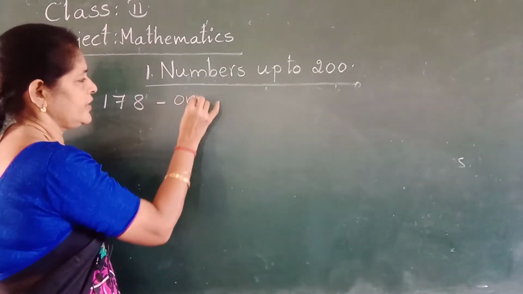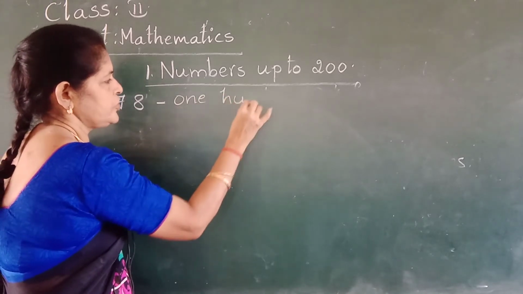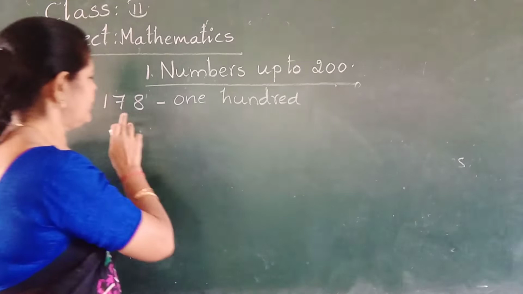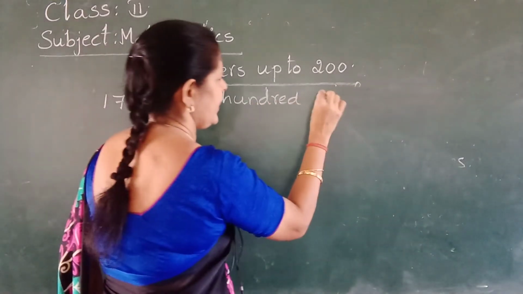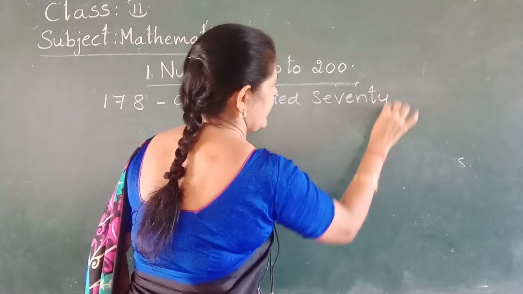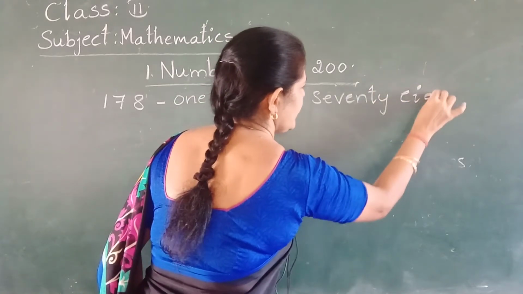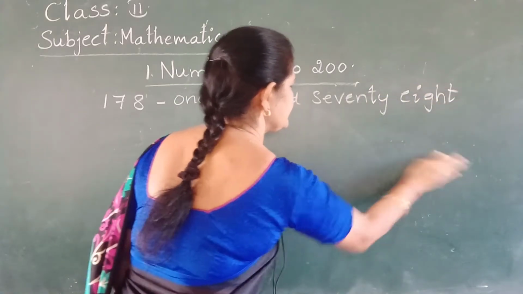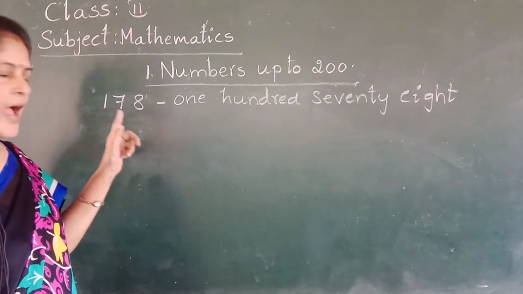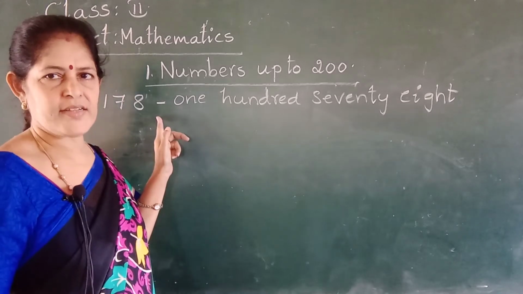See, ONE, 1 HUNDRED, 100. Put together 78: SEVENTY, 70, EIGHT, 78. This is the number name of the given number. Start with hundreds and put together tens and ones.